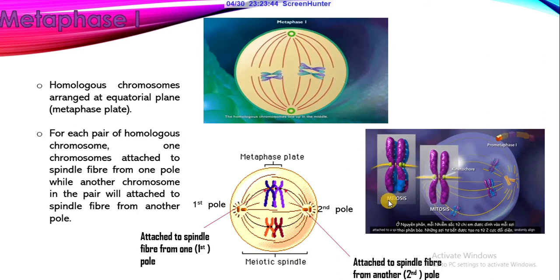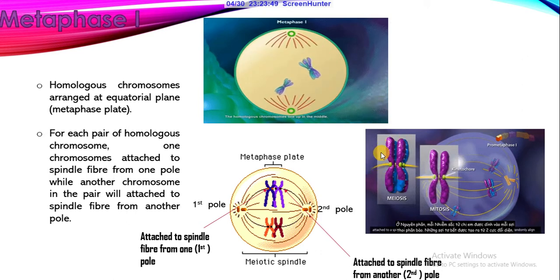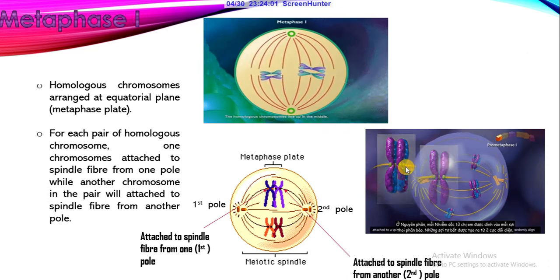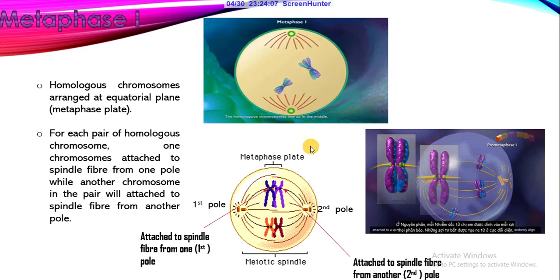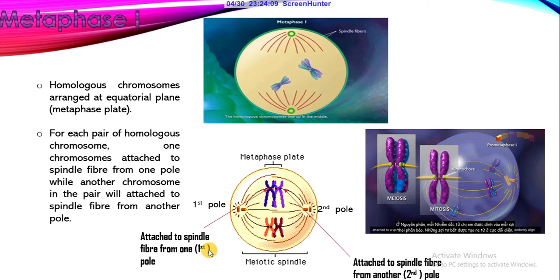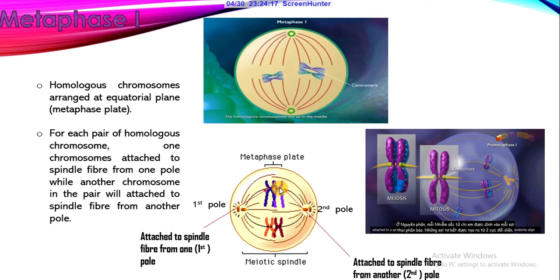But in meiosis, because of its pair up, only one centromere of the first chromosome attached to the first centriole or spindle fiber, and the second, or at the back here, the blue one, the centromere attached to the second spindle fiber from the second pole. You can see here. So that is how the spindle fiber attached to the centromere during the metaphase, making it arrange at the equatorial plane.